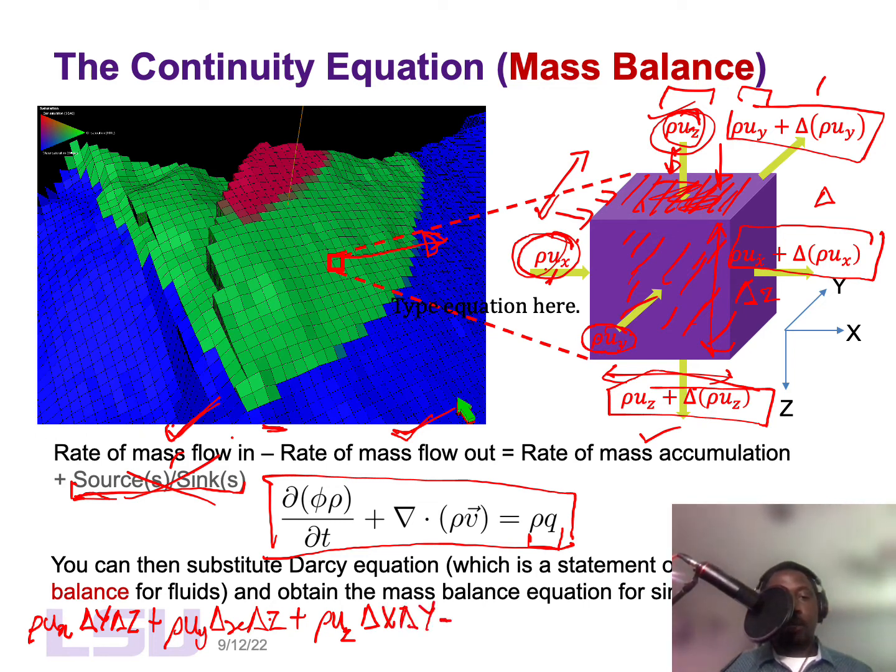So those are the rate of mass flow in values. And then you will subtract out these three terms. I'm not going to write those three out, multiplied by their corresponding areas.